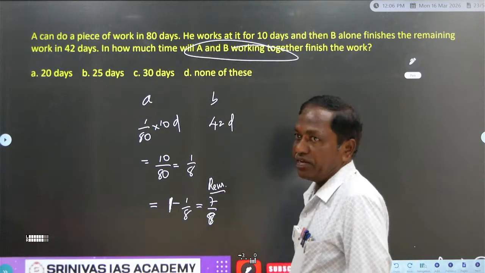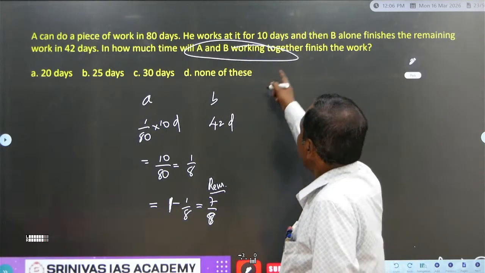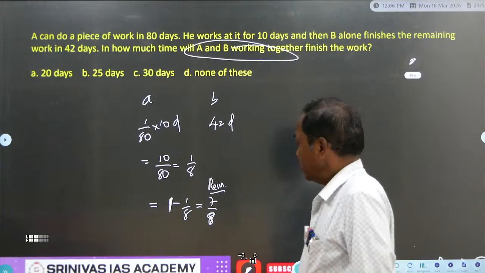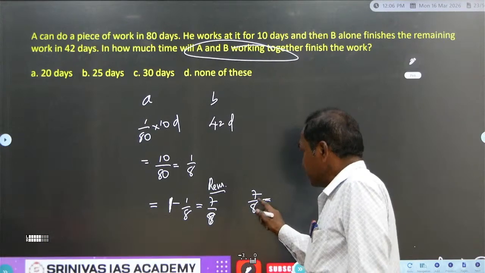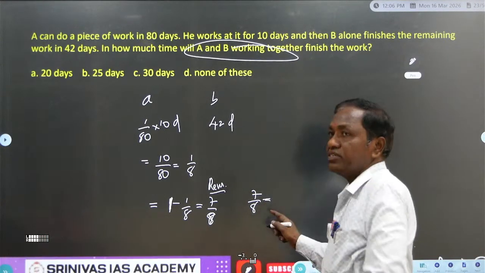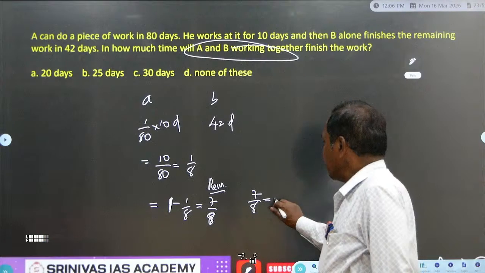This work is done by B, finished in 42 days. 7/8 is the remaining work, and B finishes it in 42 days.